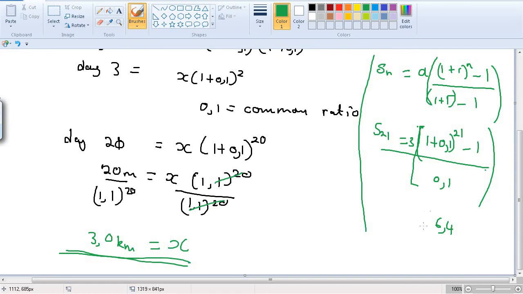So you get 6.4 over 0.1, multiply the answer by 3, you get 192, and this 192 will be your final answer. That's the total sum of all the distances that she ran throughout the 21 days.